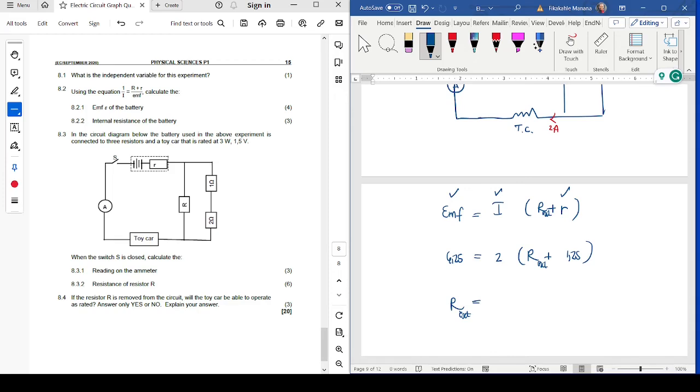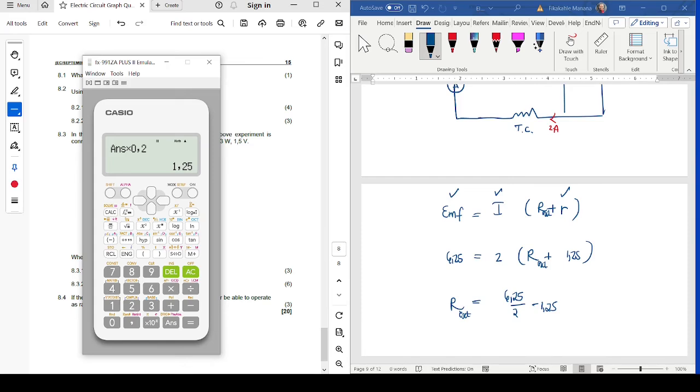So the external resistance would be 6,25 divided by 2 minus 1,25. And what do we get? So 6,25 divided by 2 minus 1,25, which is 1,875 as our external resistance.